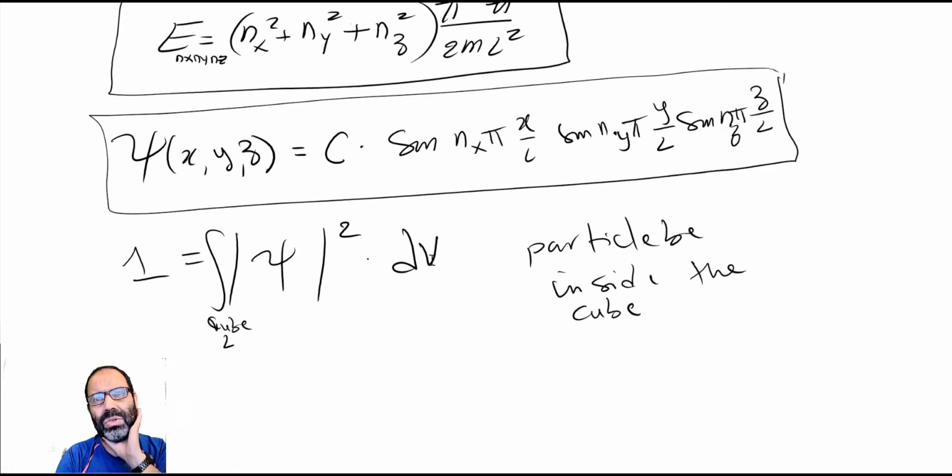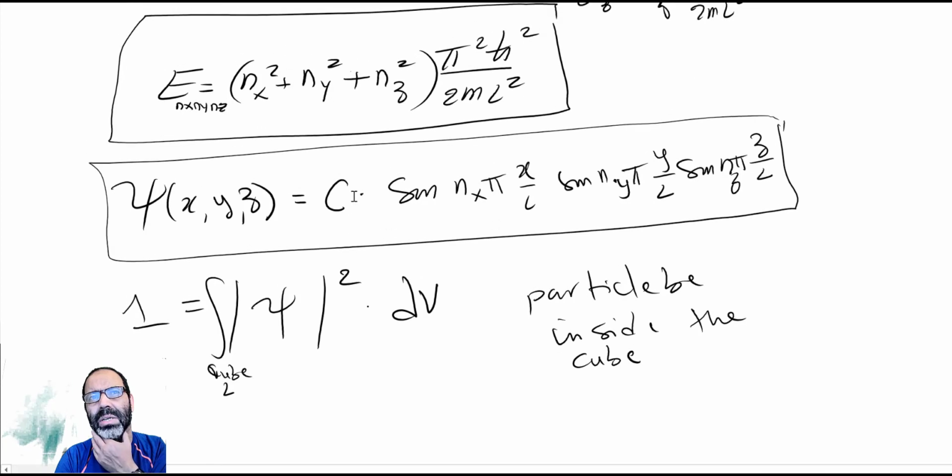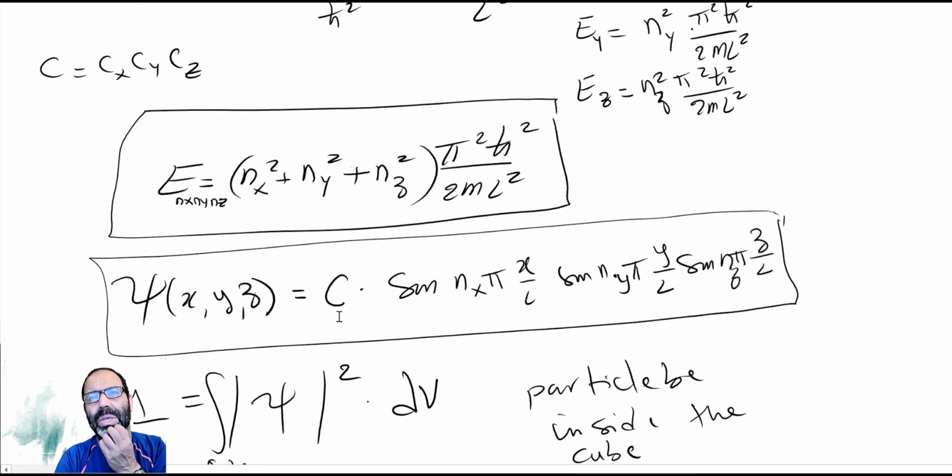It has to do with the volume divided by 8 in this case, and that is going to be c squared. Anyway, I'm going to leave the calculation. It's really not important in here. All we need is a normalized value so that you know what the c is.